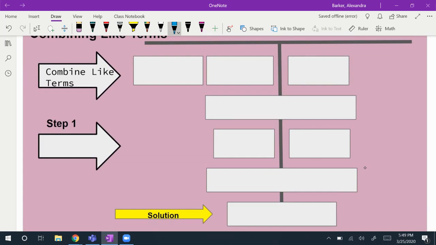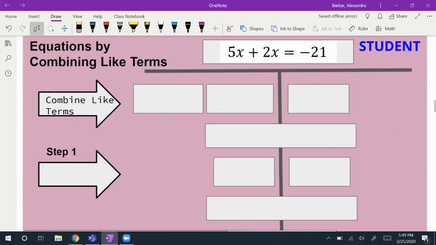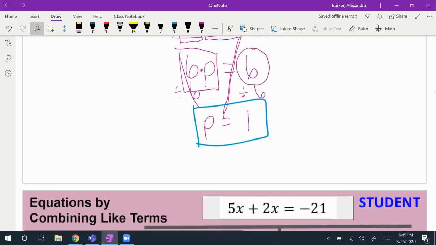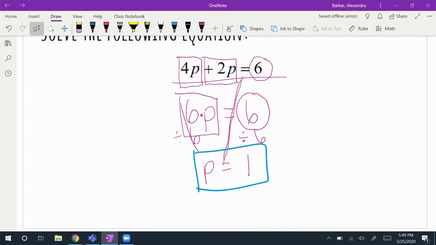This should have text boxes so you can put in your answers just like before. I want you to go ahead and pause the video. Pause where you're at. That way you can work through this on your own and then come back once you've tried it, once you either finish it or get stuck, and I will go through it with you. So go ahead and pause the video if you haven't yet.